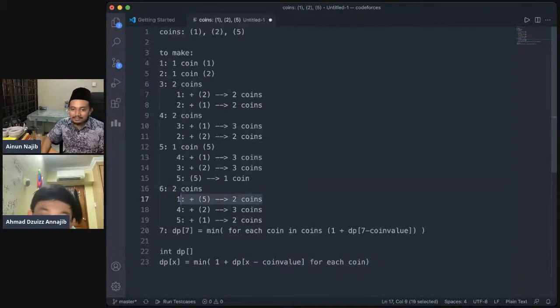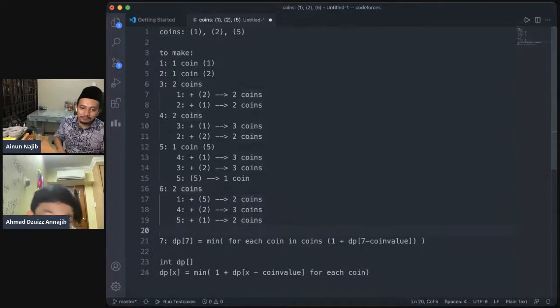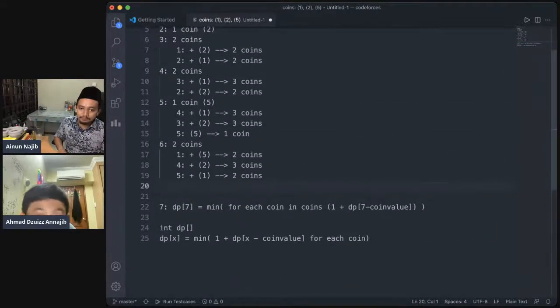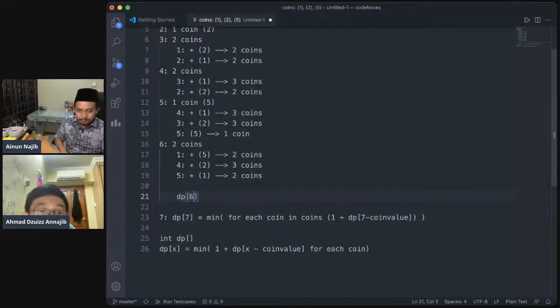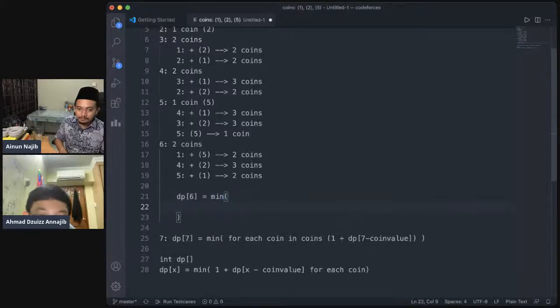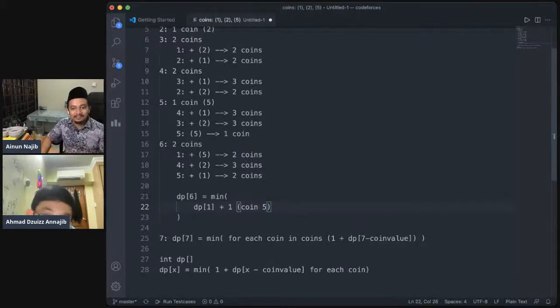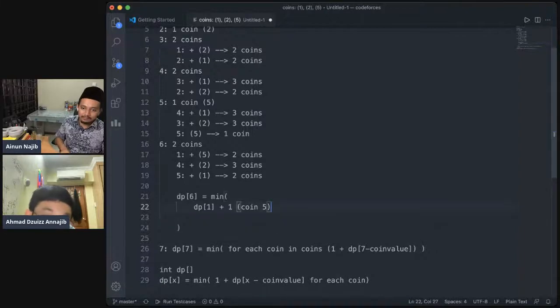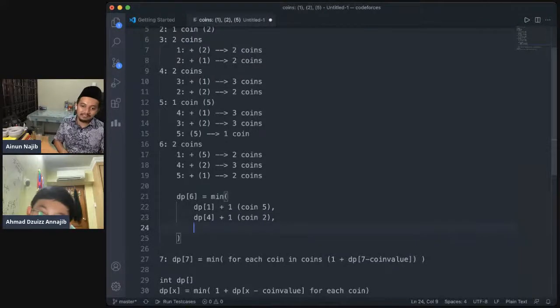So like this one, this is equivalent to saying DP6 equals the minimum of DP1 plus 1, which is coin 5, DP4 plus 1, coin 2, and finally DP5 plus 1, coin 1.